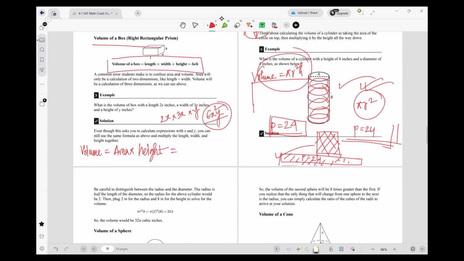the area of the surface at the top or at the bottom, just consider this is basically a circle, right?